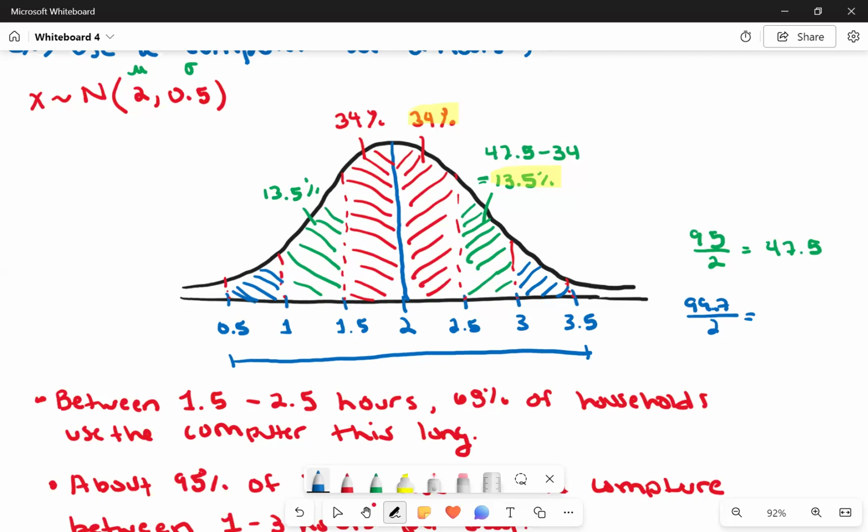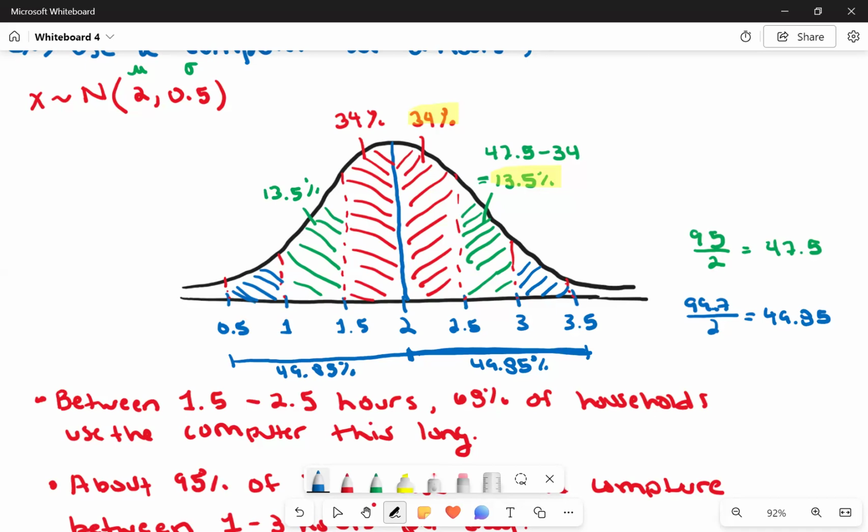So 99.7 divided by 2 on my calculator gives me 49.85. So from here to here is 49.85%. And this is 49.85% as well, from the mean out to the 3rd standard deviation.